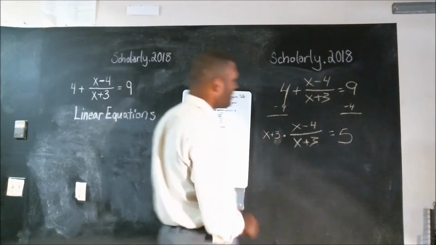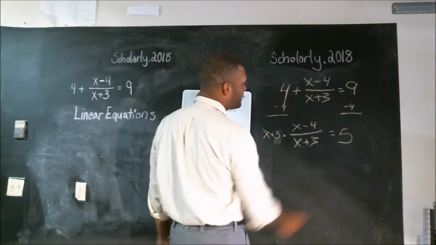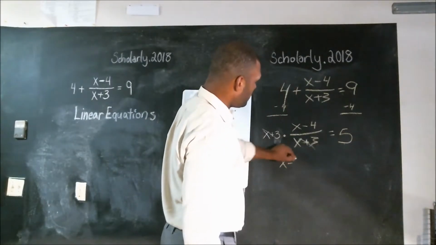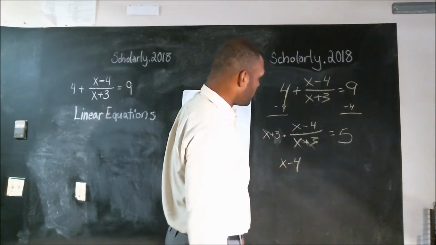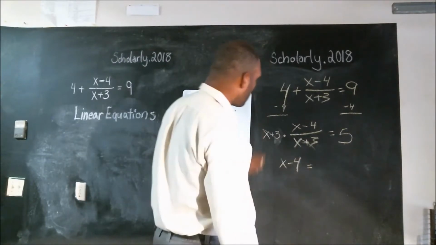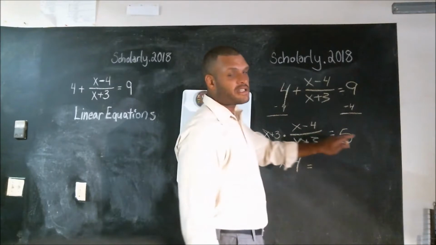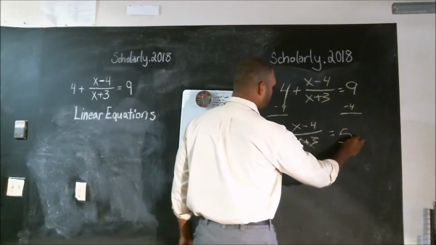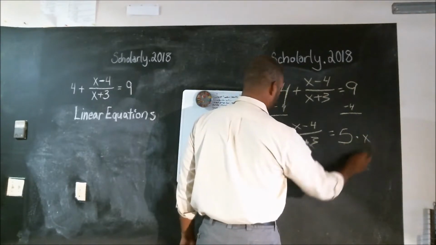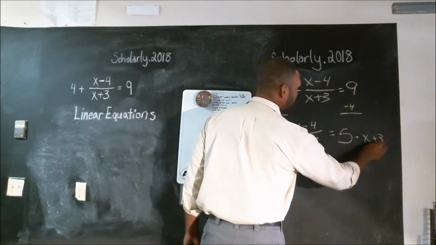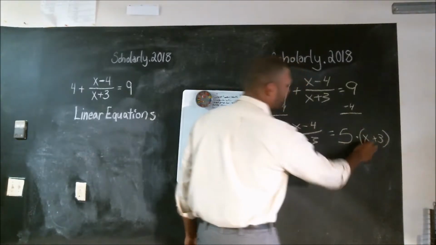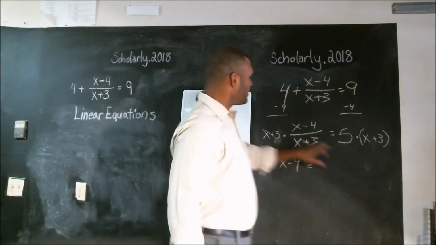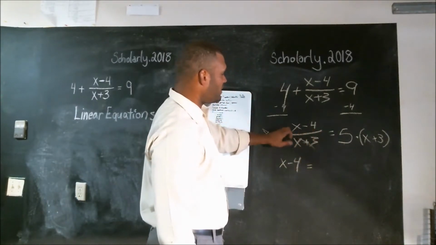What that'll do is cancel these denominators out, and it'll bring down x minus 4 to our new line of the equation. And what we did on this side of the equation, we have to do on this side. So we're going to multiply this side also by x plus 3, and we want to keep this in parentheses to let us know that this is one unit up here.